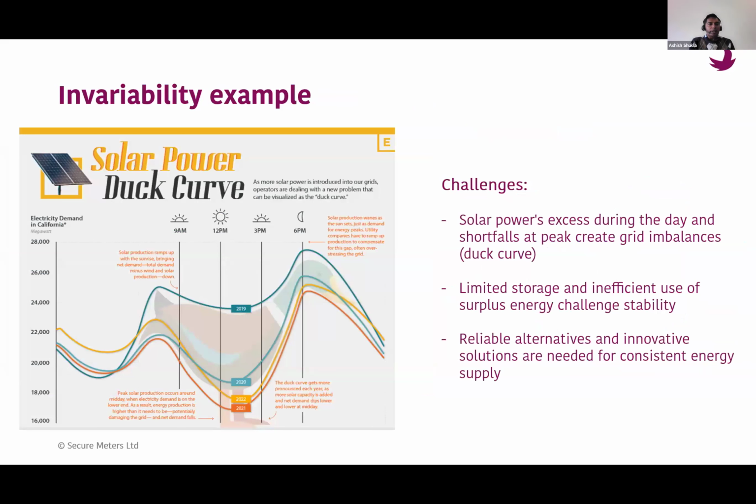In the middle of the day, when sun is shining, we get ample solar power, which is converted into electricity. Then in the evening, the sun sets, the generation goes down, and in the night time we go to bed. Industry stops working, and then you see the demand goes down.